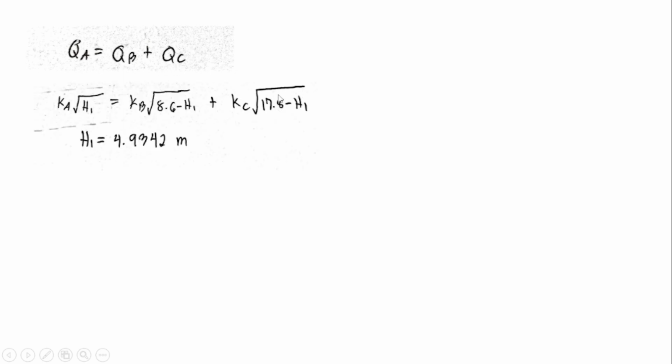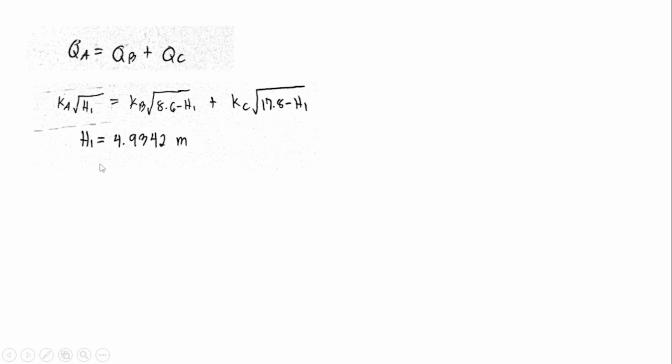Since we assume that Qa is equal to Qb plus Qc, or inflow is equal to outflow, we can now solve for H1. Since Qa is equal to K times the square root of H, and given our assumption, we solve the H2 and H3 in terms of H1.